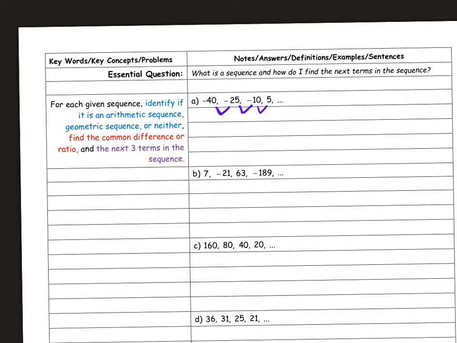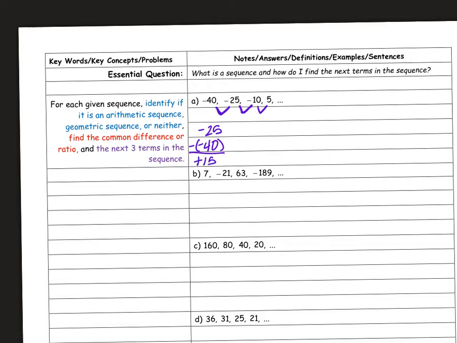I think, okay, I have negative 25, and I want to subtract negative 40 from that. I'm going to do that and see what I get. You can get out your calculator and do that if you want. So I'm going to do negative 25 minus negative 40, and I think I should get positive 15.